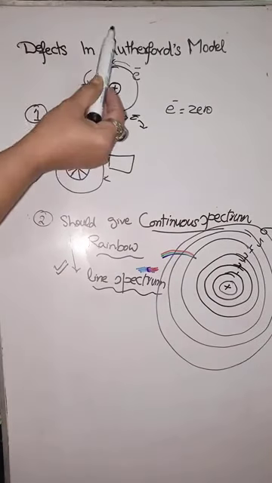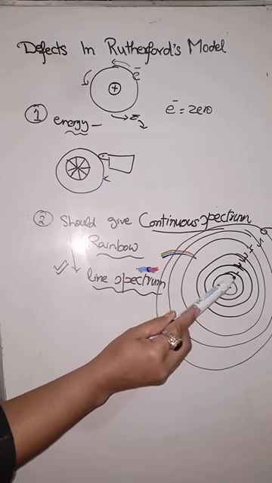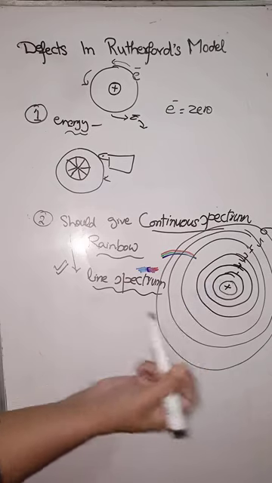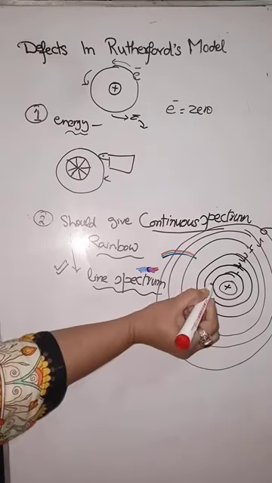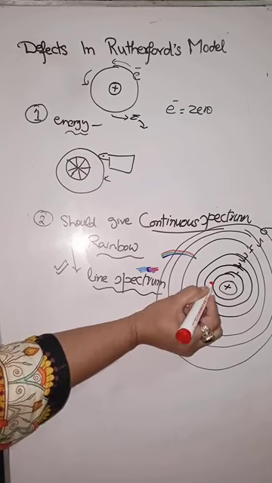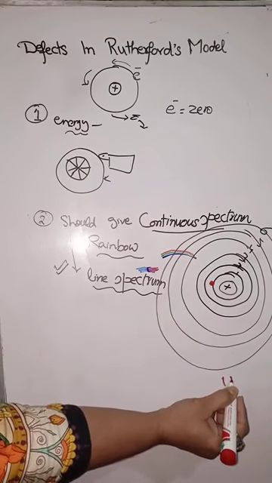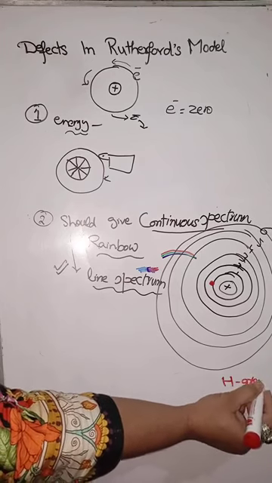So according to Bohr, the electrons are present around the nucleus in specific orbits. See, this is an electron. It's an example of a hydrogen atom.